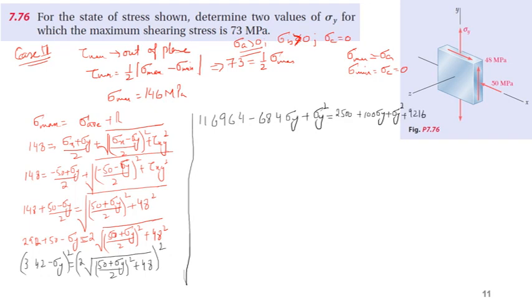You can also check, maybe hopefully I'm doing it right. So sigma y square will cancel, and we will be left with minus 784 times sigma y is equal to minus 105248, and sigma y, if we solve it, is equal to 134.24 megapascal.